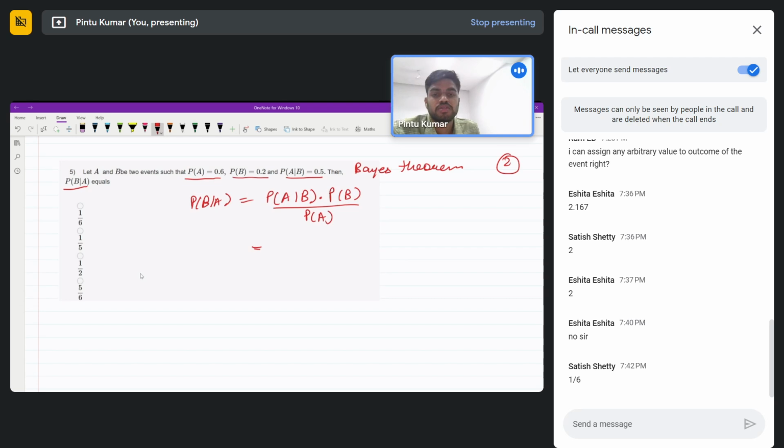So this is 0.5 into 0.2 divided by 0.6, right? So this is 0.0, no, this is 0.1, sorry. So this is 0.1 divided by 0.6, which is 1 by 6, right? So this was an easy question, right?